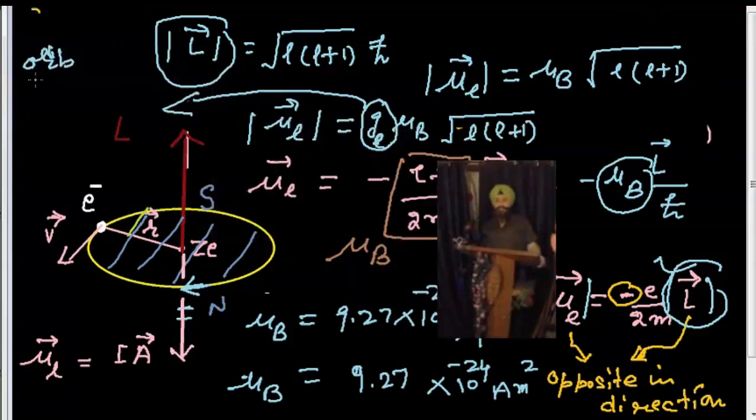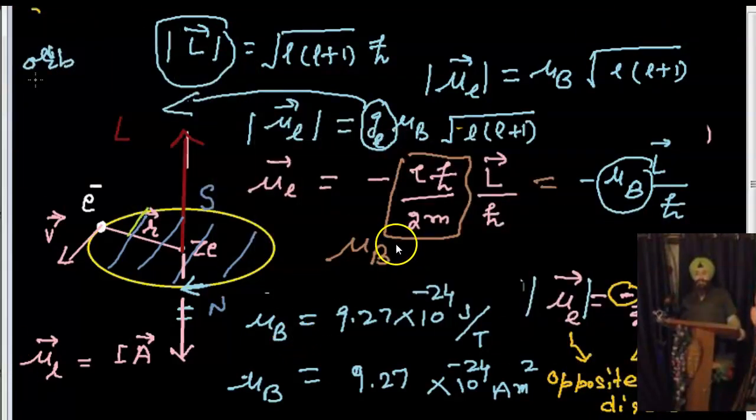Now just see, what is the Bohr magneton actually? What is the magnitude of angular momentum? It is related with the orbital quantum number l: root of l into l plus 1 into h cross. What is l? This is the orbital quantum number.